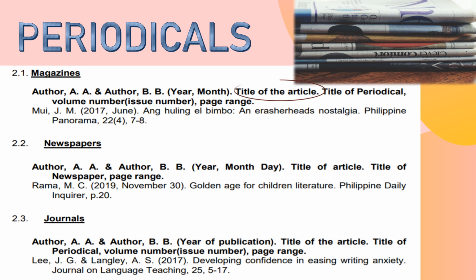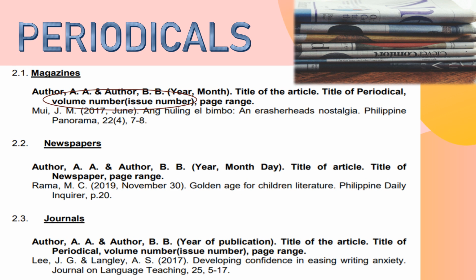And of course, the title of the article, period, title of the periodical, and then we also have to write the volume number and then the issue number enclosed in parentheses, comma, page range.